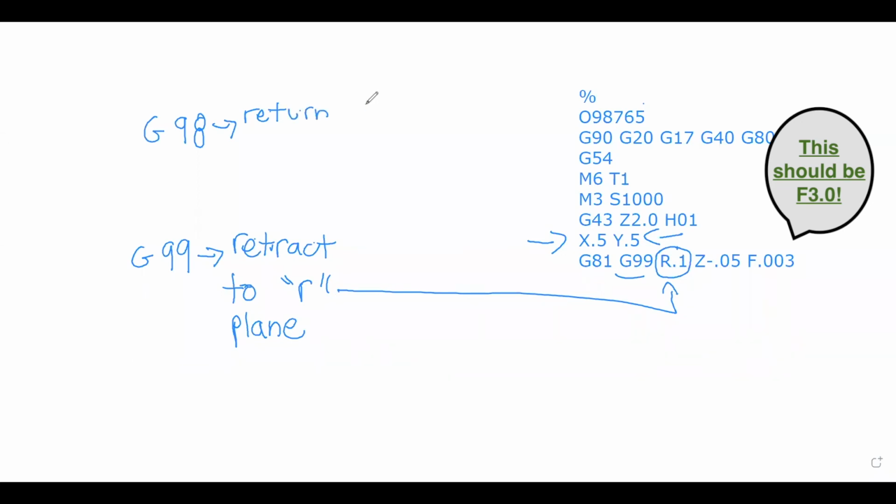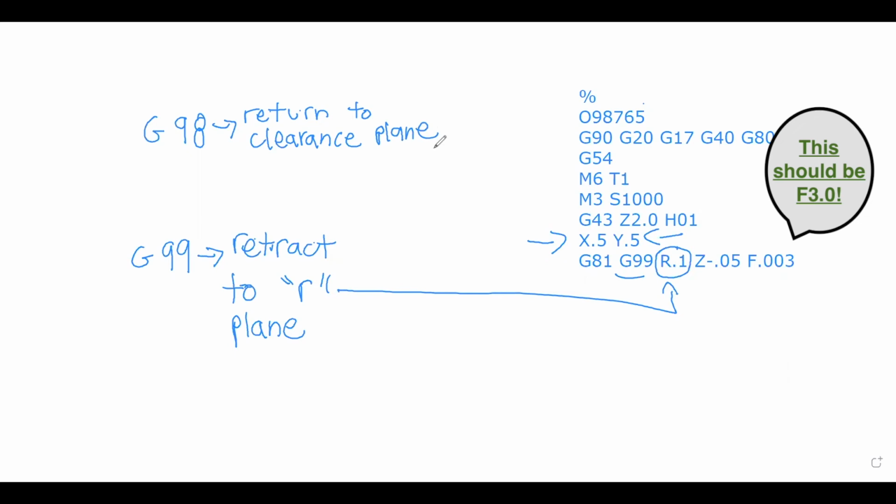That means if we have G98 turned on, after each drilling motion we're going to move back to whatever Z height we have previously set in our program.